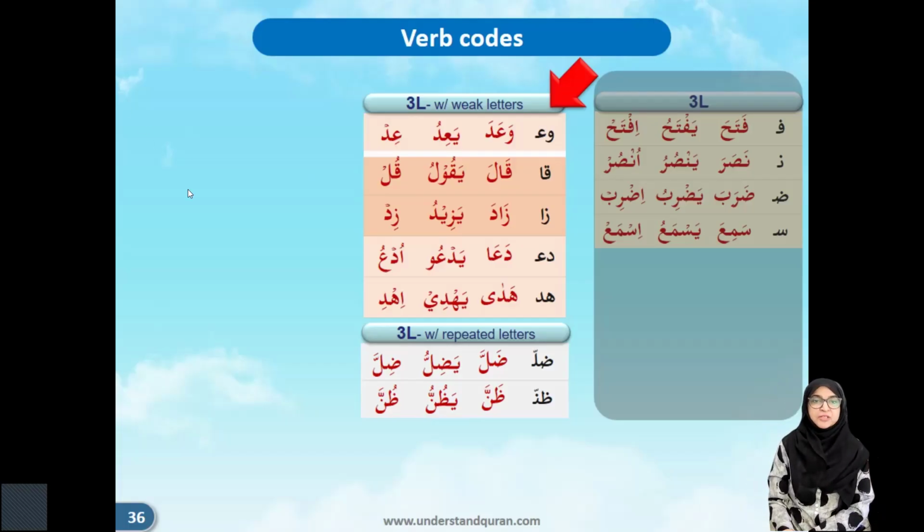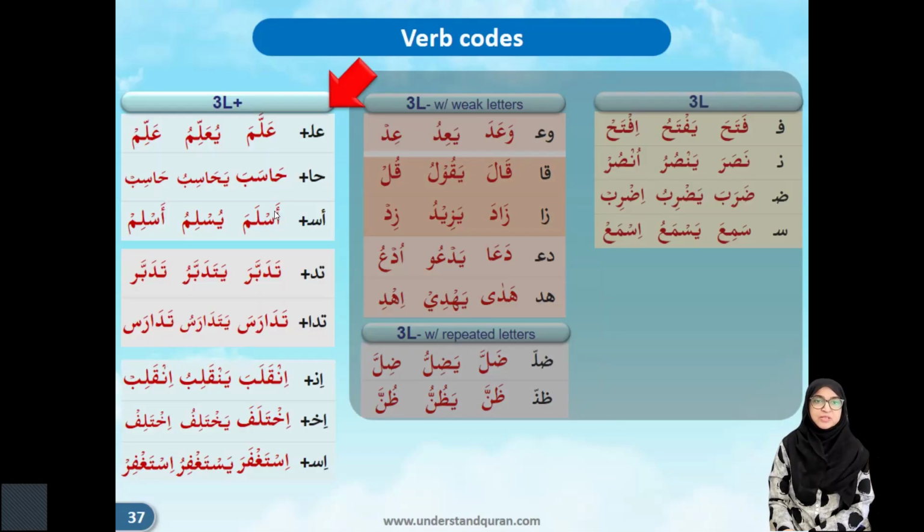All right, and then after finishing this, in this course we started the Mazid Feeh verbs, and this is all we have finished. Let's practice this. Allama, yu'allimu, allim. Hasaba, yuhasibu. Again, there's a mistake, I did not change it. Hasaba, yuhasibu, hasib.